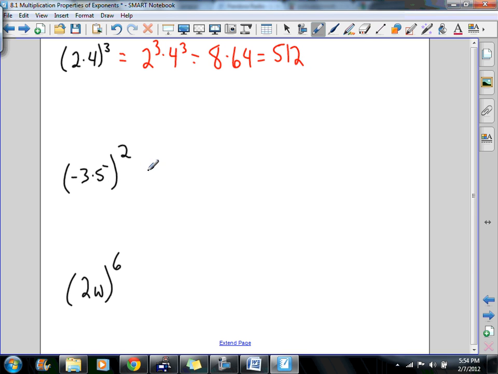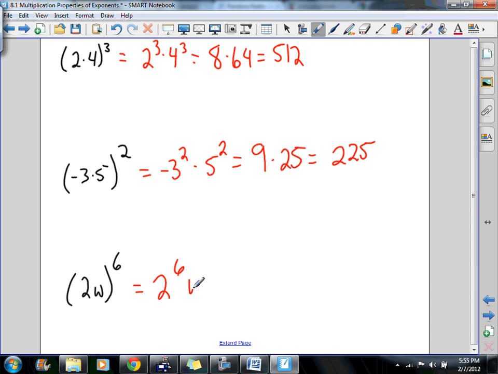This one here becomes negative 3 squared times 5 squared, which is 9 times 25, which would be 225. There you go.